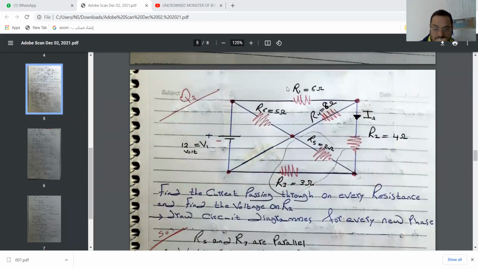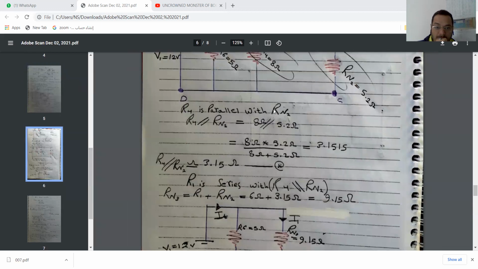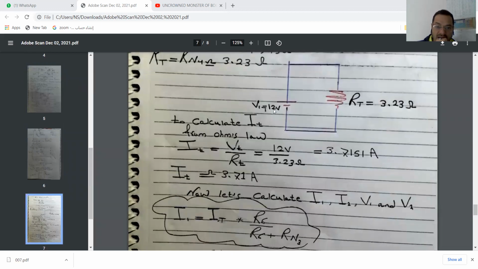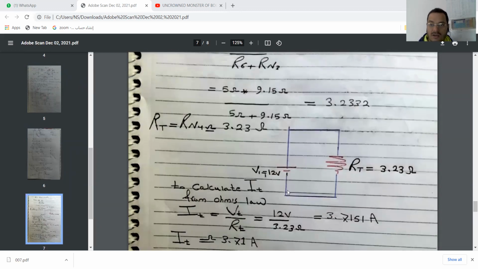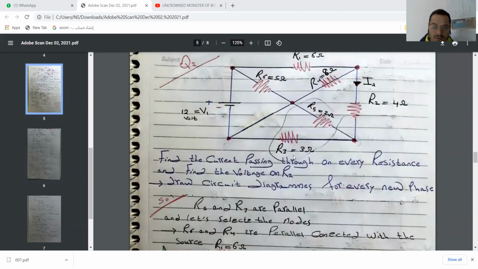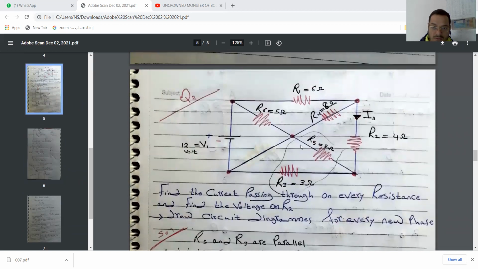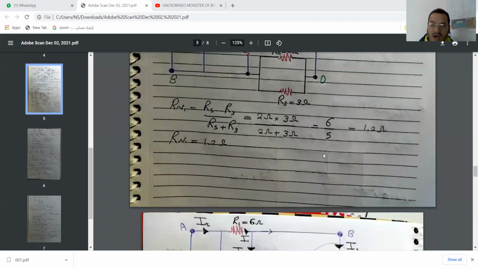Let's take a look at the relation between R4 and Rn2 again.